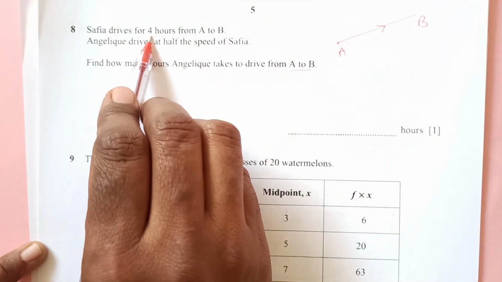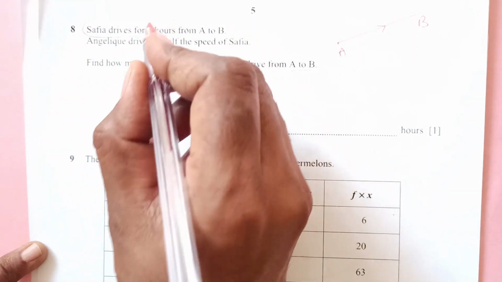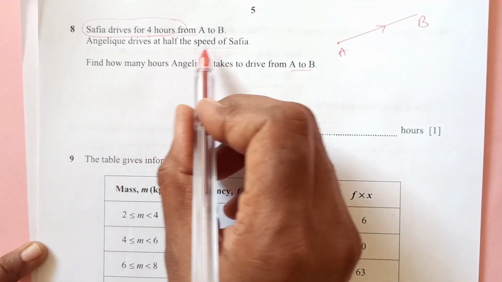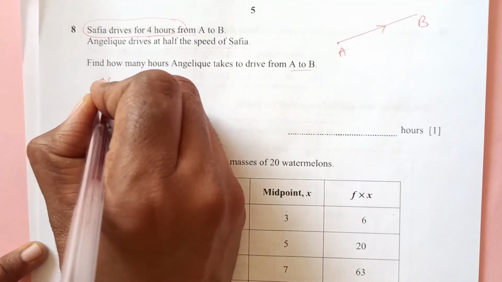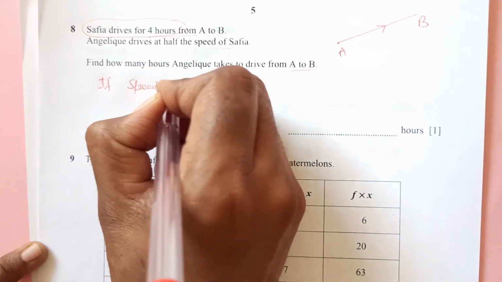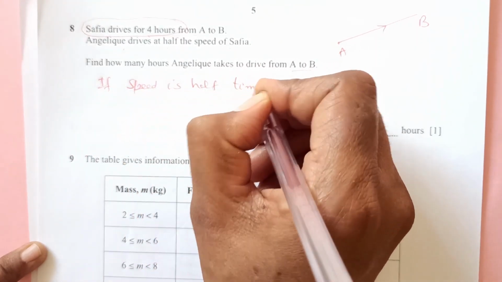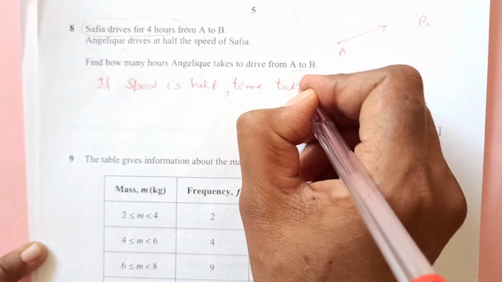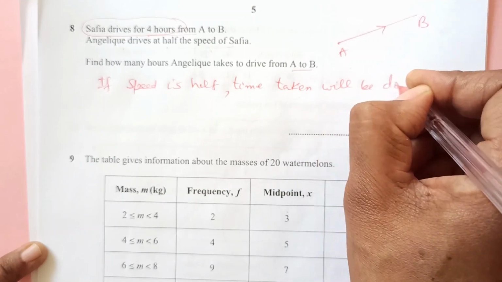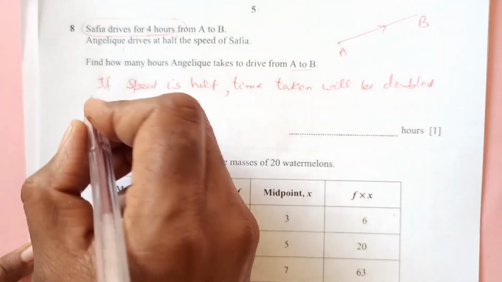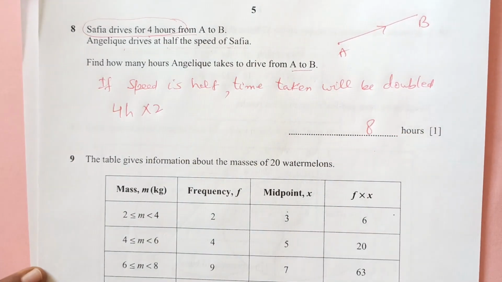Safia drives for 4 hours and Angelic drives at half speed. So if the speed is half, time taken will be doubled, right? So that means 4 hours times 2, that is 8 hours.